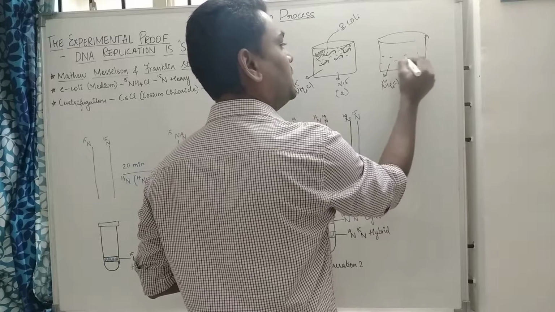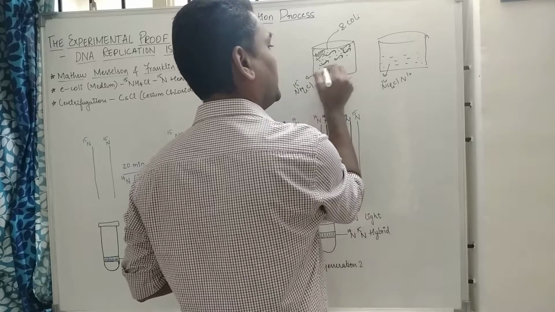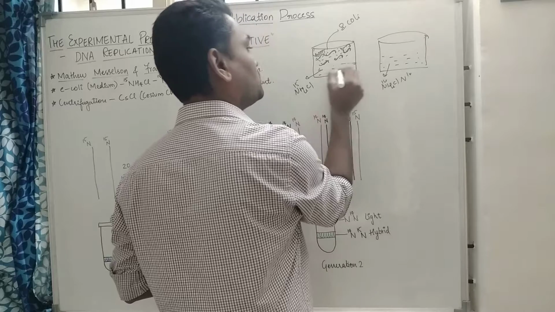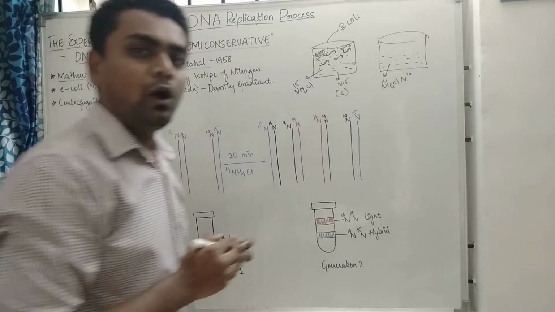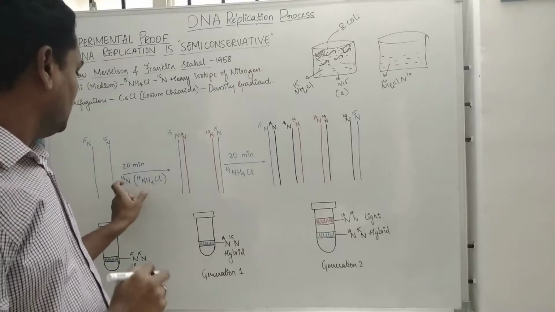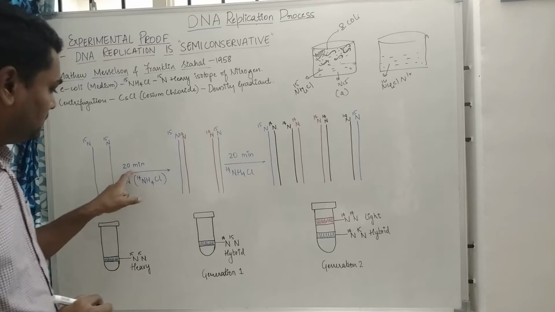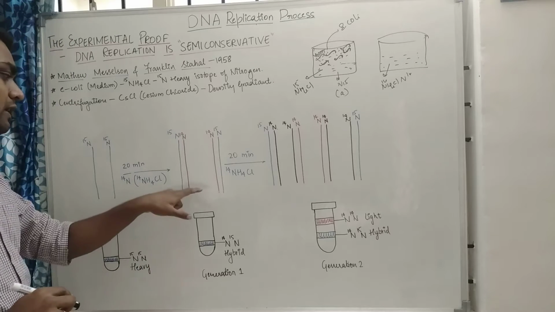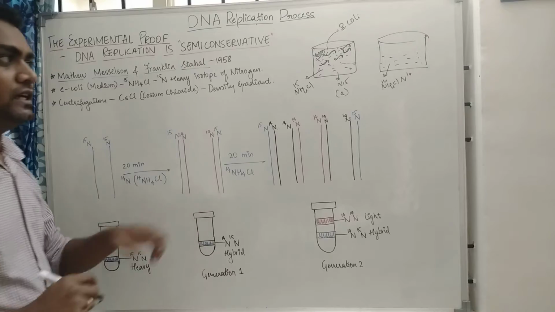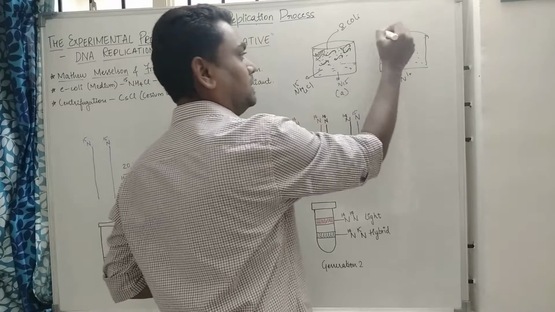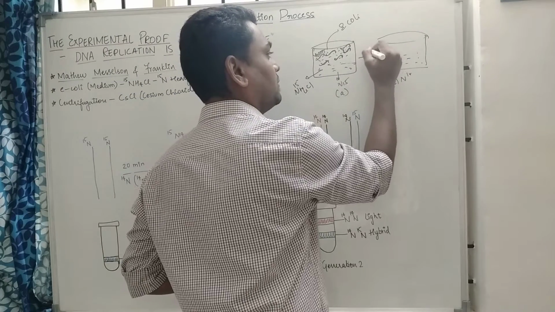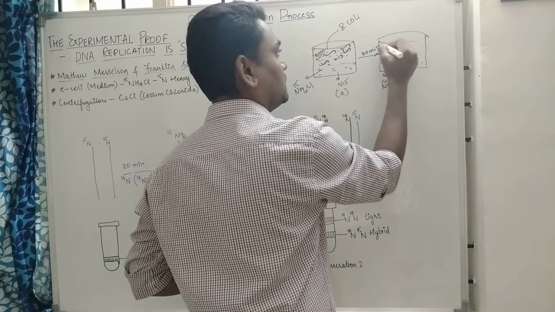Both media are NH4Cl; only the isotopes change. After 20 minutes in the N15 medium, they took the E. coli and transferred it into the other NH4Cl medium.